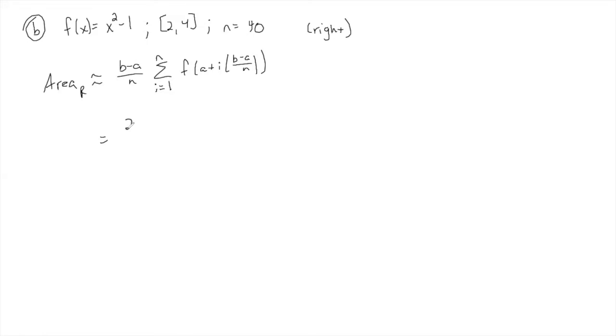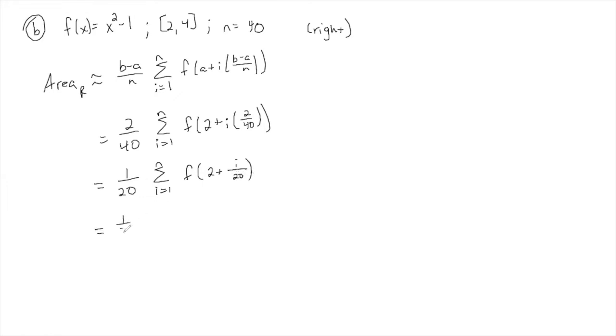So I get 2 over 40 times the sum i equals 1 to n of f of 2 plus i times 2 over 40. Okay, 2 over 40 can reduce to 1 over 20. And let's just simplify a little bit. So it's f of 2 plus i over 20.